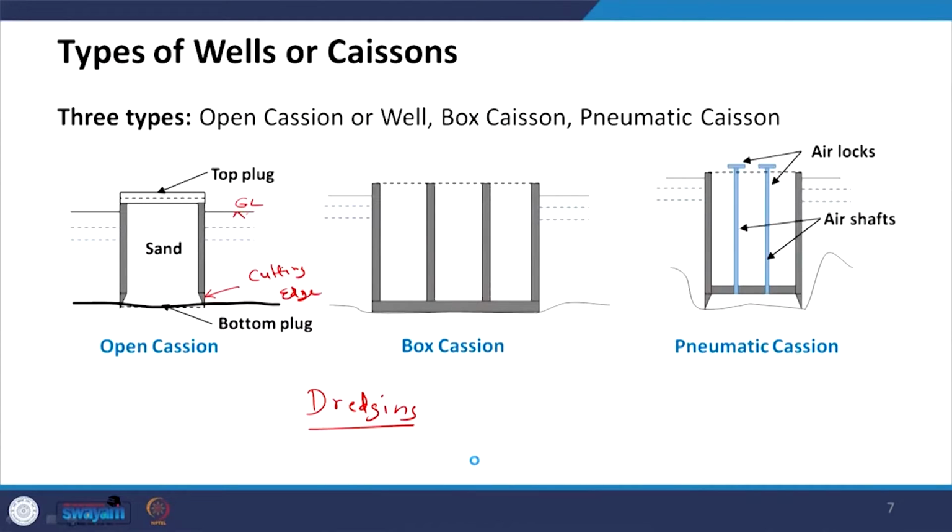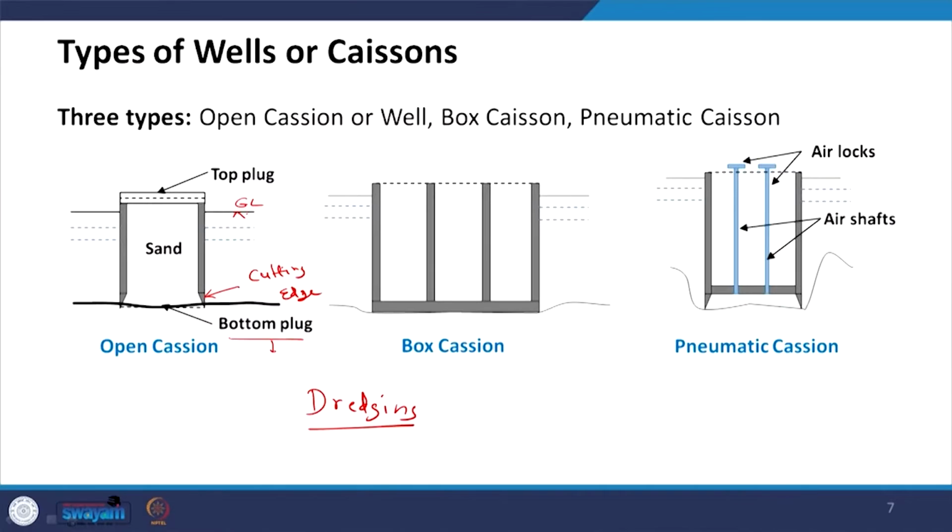So, first, it is open from both the bottom as well as the top. Later on, when it reaches the desired depth, the bottom is closed with what is called a plug, and this bottom plug is normally of concrete. Once it is sealed, no other material can go down there or sink.